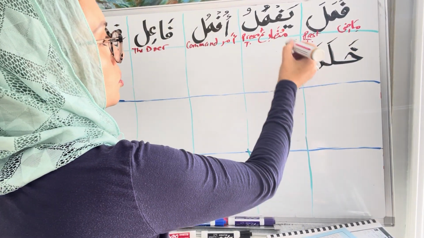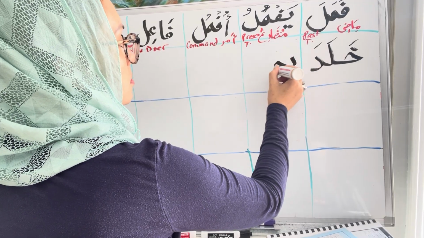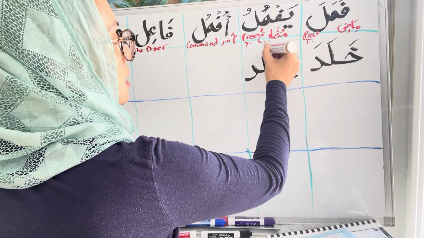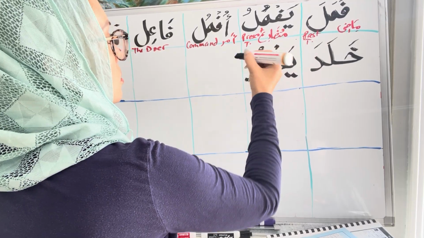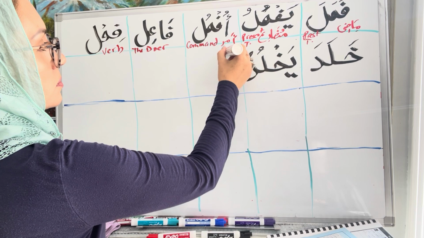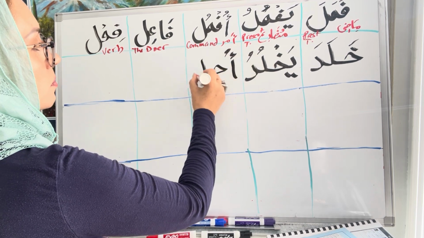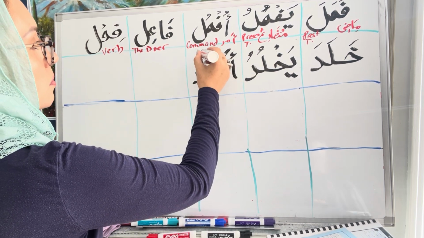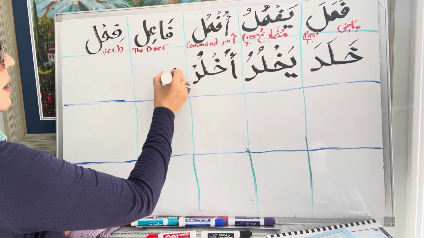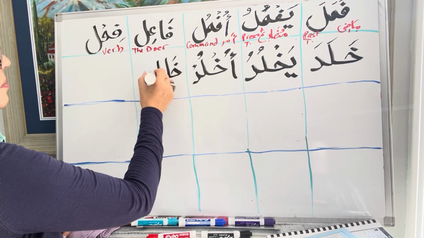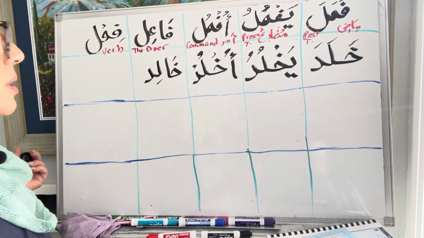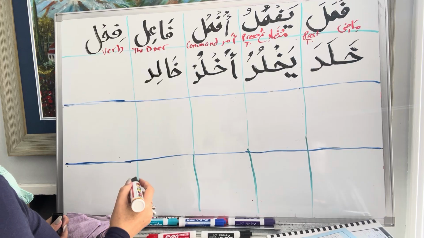Khalada. Yakhludu. Ukhlud. And then it's Khalid. How many people do we know that have a friend named Khalid?